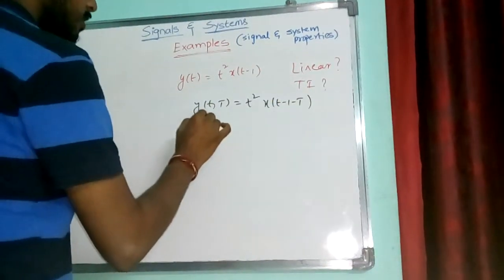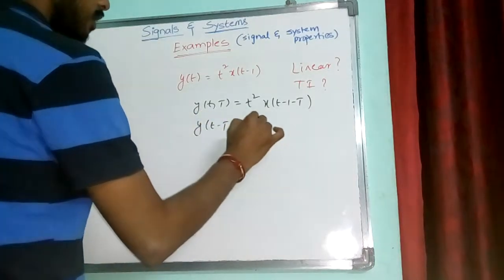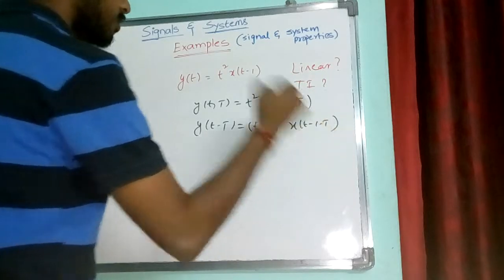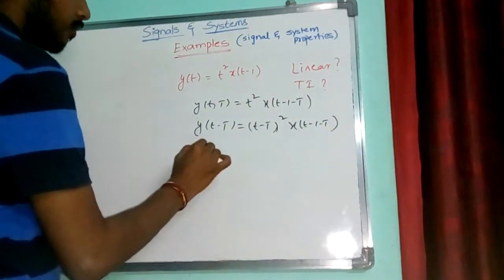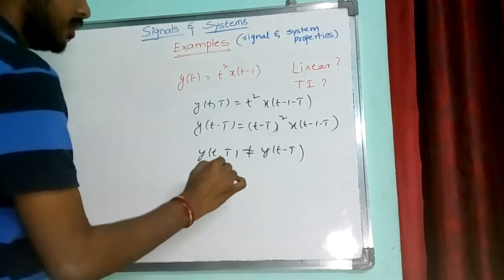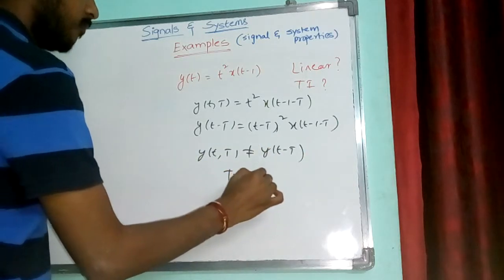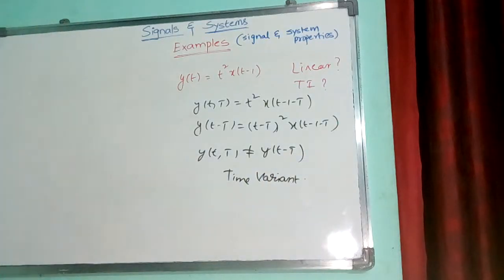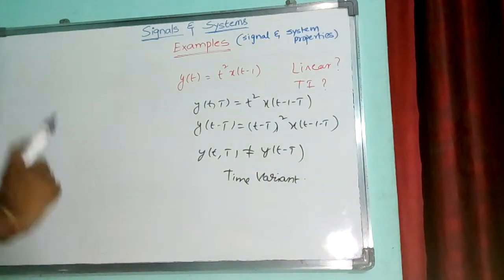Similarly, when I change it at the input side, t minus t whole square into x of t minus 1 minus t. Now if you can see, y of t comma t is not equal to y of t minus t. It is a time variant system. It's not a time invariant system, it's a time variant system.